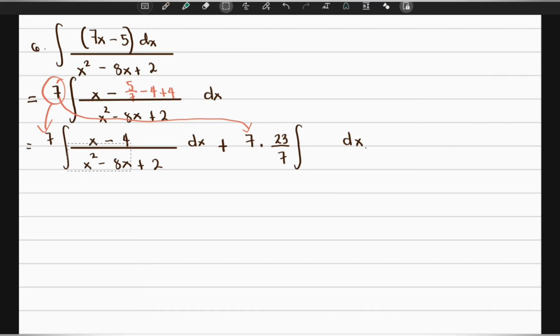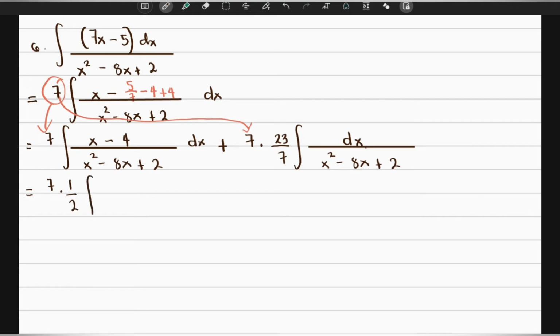Yan, copy lang natin din ng mga nandito. Para hindi ko nasusulat ulit. Ayan. Okay. So, dito sa first term, so dalawa na yung terms natin. Dito sa first term, ang gagawin lang natin ay mag-multiply tayo ng integrating factor na 1/2. Kasi yun yung ginawa natin kanina, di ba?